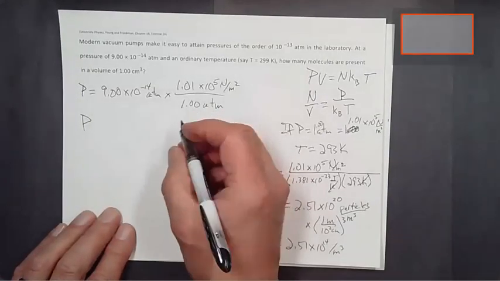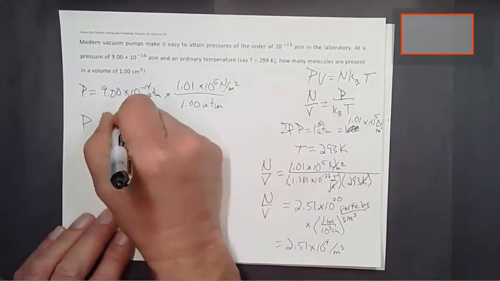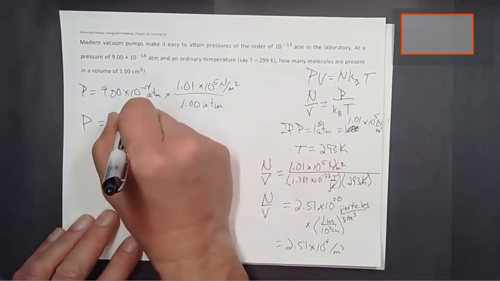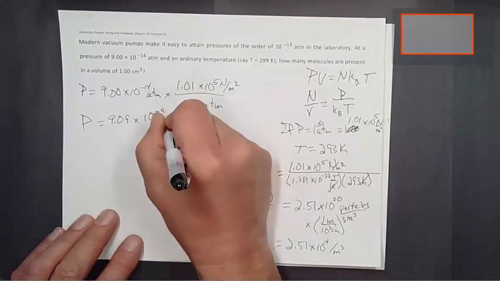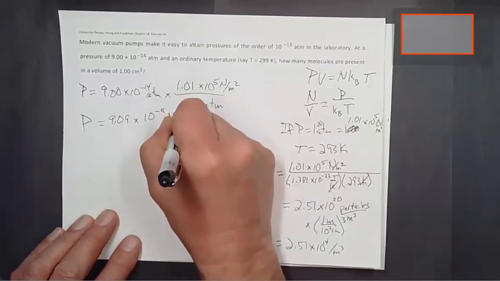Okay, I get 9.09 times 10 to the minus 9th newtons per square meter.